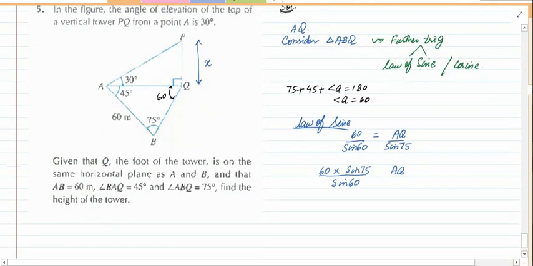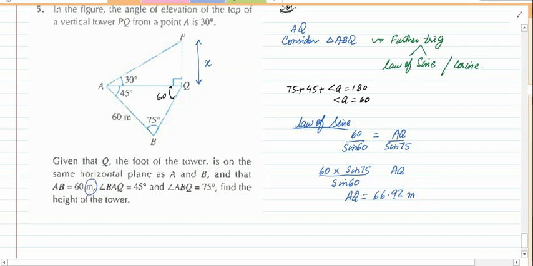Now we need to calculate this expression. Sine 75 is 0.966, times 60 divided by sine 60, so the value is 66.92, and the unit of AQ is meter because all other lengths are in meter, right?